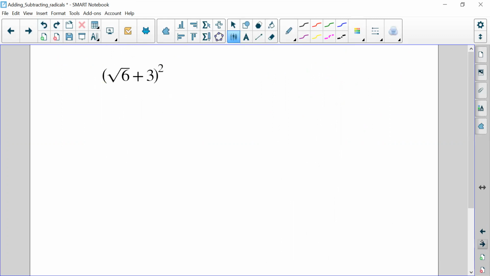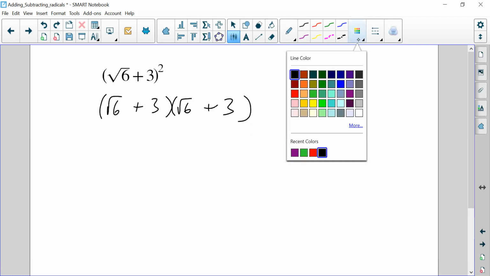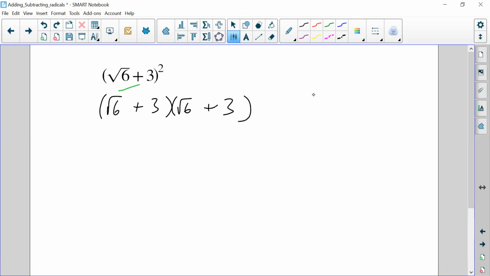I think I got only one more. One more. What do you do here? Well, that square means you multiply whatever's in the parentheses by itself. So rad 6 plus 3 times rad 6 plus 3. And then now it's just like the old problems. Rad 6 times rad 6 is rad 36.